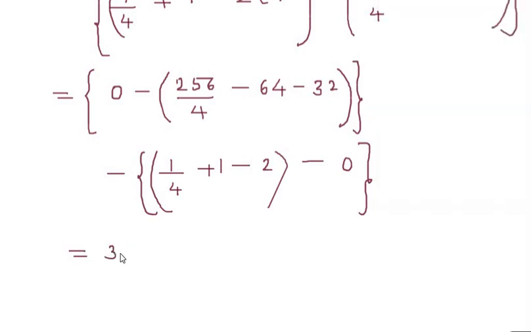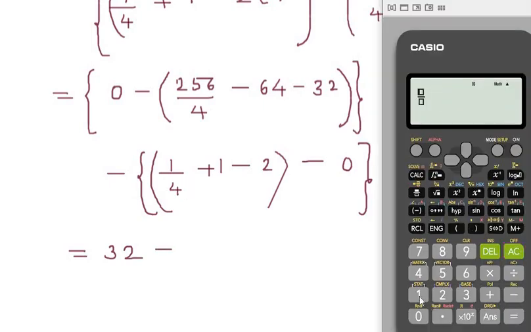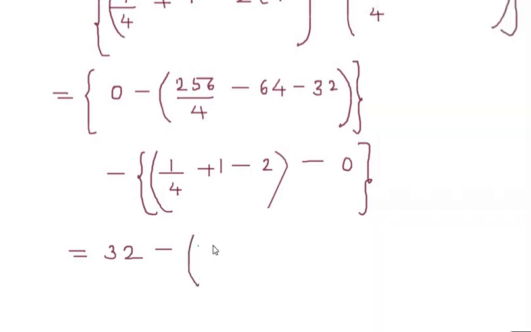So let us write 32 here, minus, let us see what is the answer for the second bracket. So we have 1 over 4 plus 1 and minus 2. So we have minus 3 over 4 for the second bracket. So let us write here minus 3 over 4.